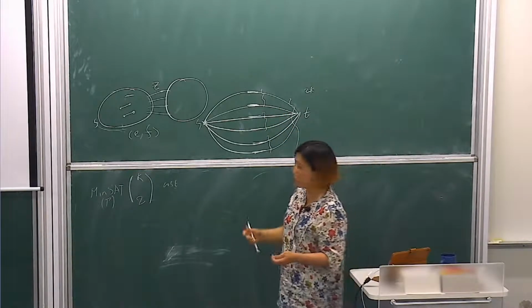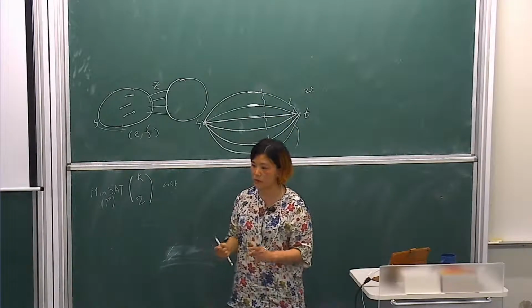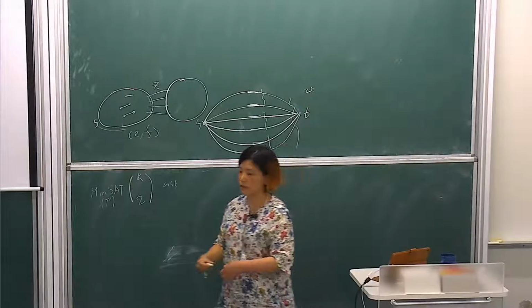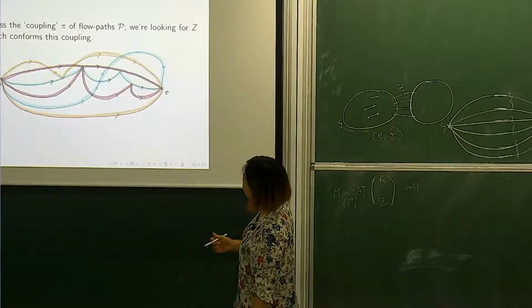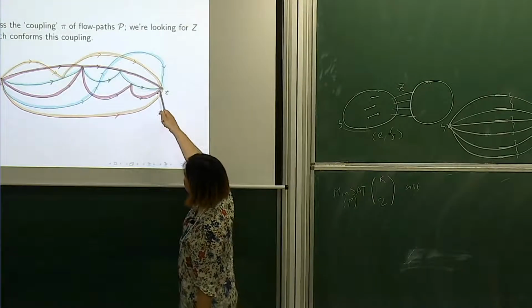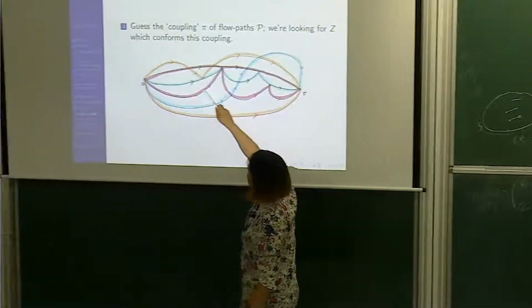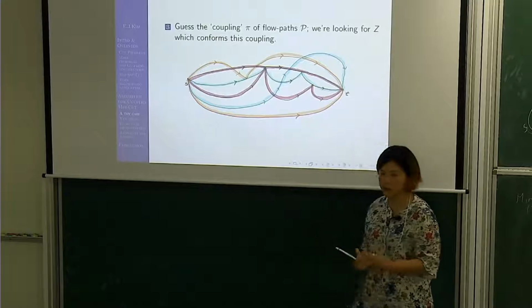So we don't know how this pairing will appear, but we can just guess how the pairs will appear on the flow paths. So there will be, I think, k factorial different ways of cutting the flow paths using paired edges.